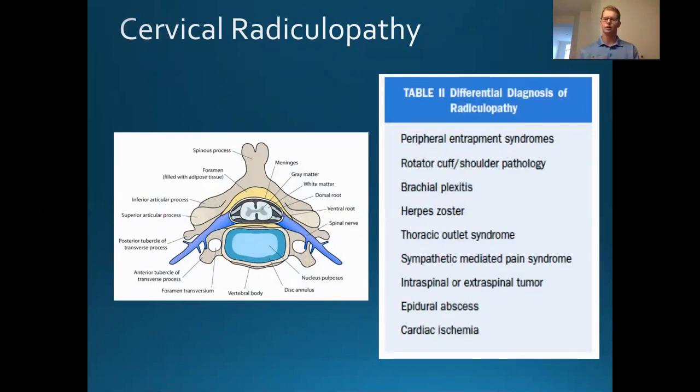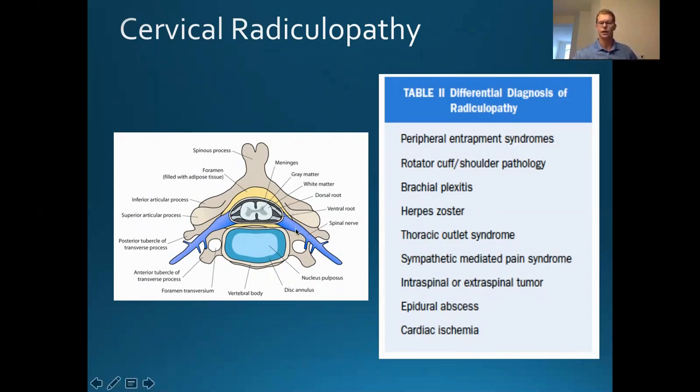Now we're talking about the lateral foraminal compression. And when we do that, we need to think about what other structures, when we're trying to diagnose cervical radiculopathy, what else could be going on. There's a whole bunch of things, and even more than this list. But with radiculopathy, it is the nerve root that's getting compressed.